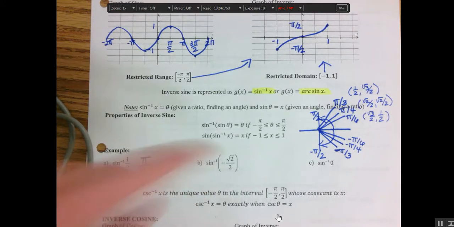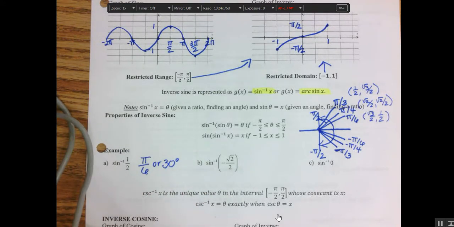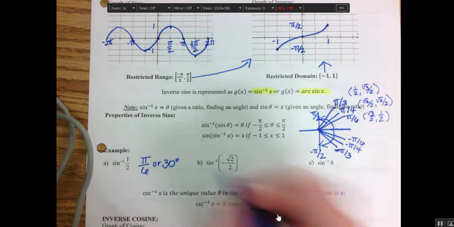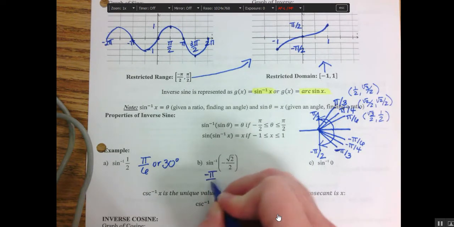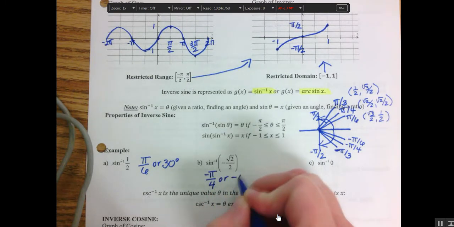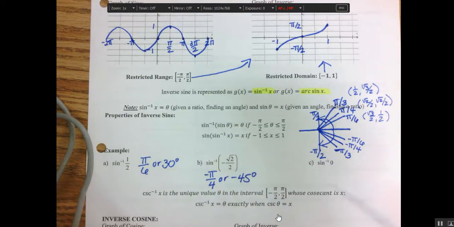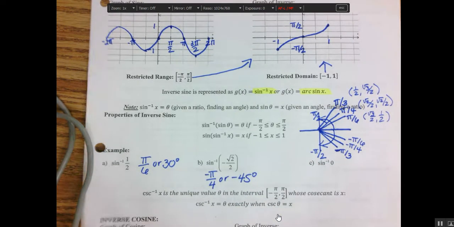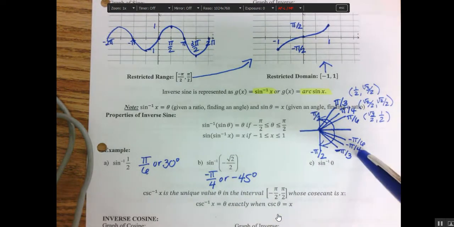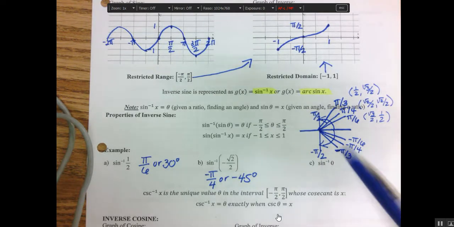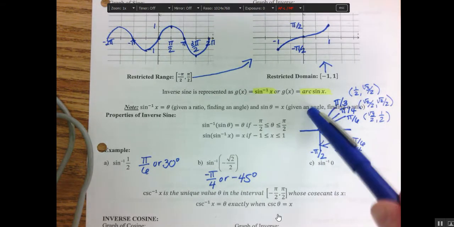All right, the next one, Shakira, what'd you get for B? Negative pi over 4. Anybody else get negative pi over 4? Okay, negative pi over 4 is good, and in degrees, what would that be? Negative 45 degrees. Now, if you wrote 7 pi over 4, you were looking at the right quadrant, but you forgot that the answer has to land between negative pi over 2 and pi over 2.